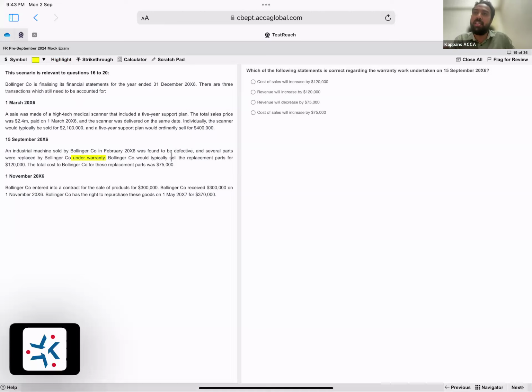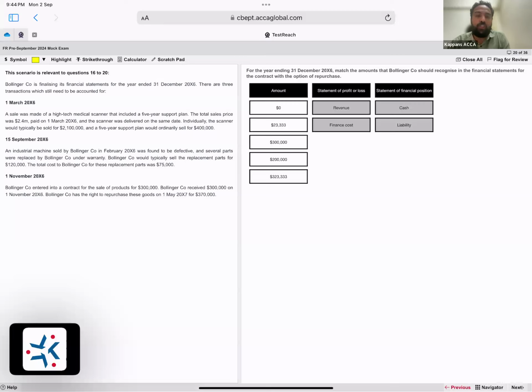Bollinger would typically sell the replacement part for 120,000, but they're not worried about that. We need to know the cost of the replacement part, because that is the expense Bollinger has to pay from its pocket. The total cost of Bollinger for this part is 75,000. So the expense they incur for replacing this is 75,000. So cost of sales will increase by 75,000. It is basically inventory being used to replace it, or the cost to replace that.